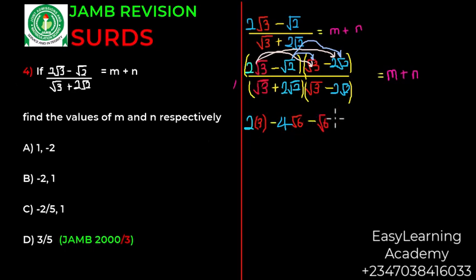Then it's assumed to be 1 here, so the 1 here times this 2 here will be 2. And then √2 times √2 is 2. So we now say 2 times 2 here.